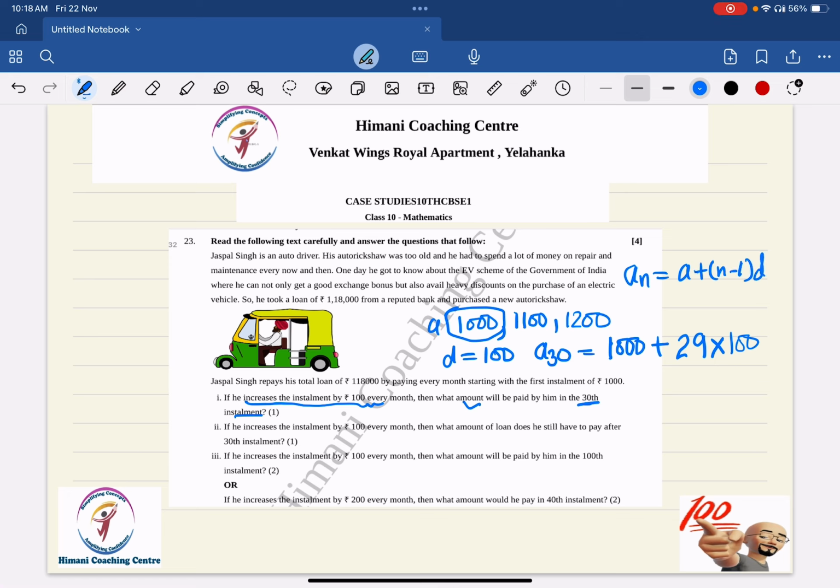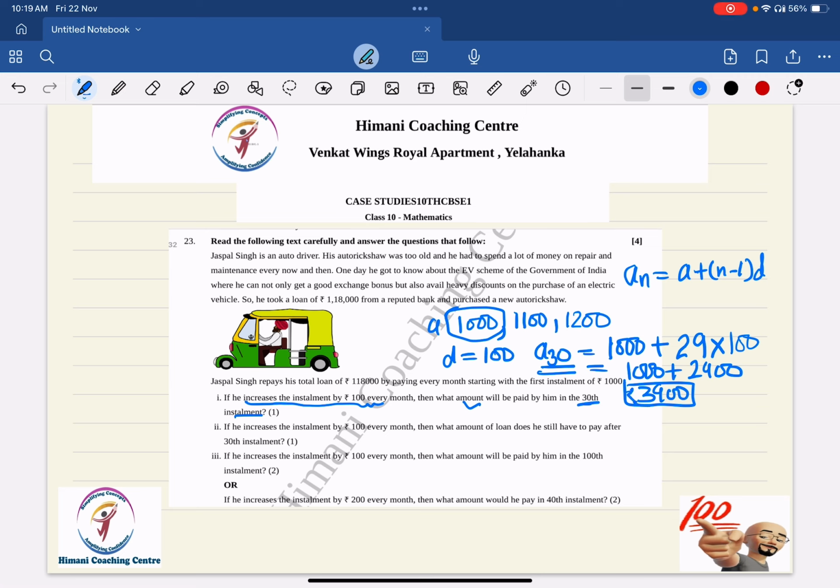So this gives us the amount he will pay on the 30th installment. You can now see that the answer is 3,900. So you have to show the working and show that the amount of the 30th installment is 3,900 rupees.